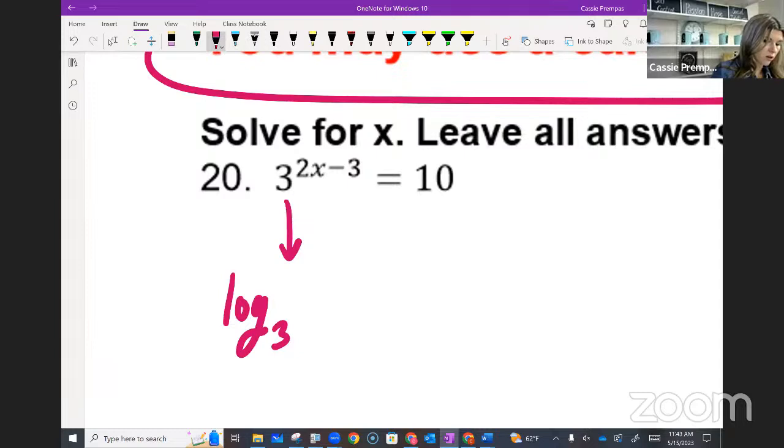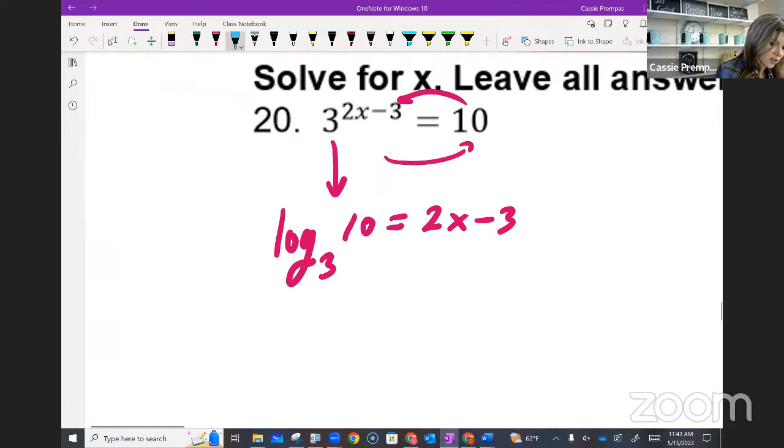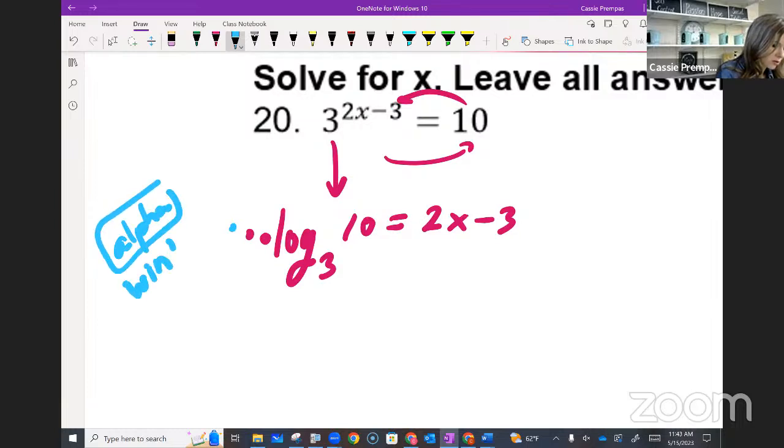So log base 3 of 10 equals 2x minus 3. Do you guys remember how to enter this guy into your calculator? Alpha, good, alpha window. Yes, number 5.